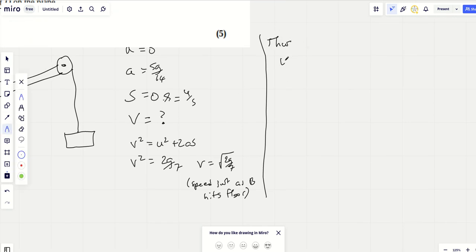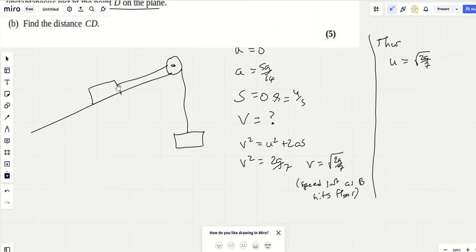Thus, you've got u equals root 2g over 7. We know the new speed of this one. I know v is going to be 0 when it reaches its peak height, but I really need the acceleration, or in other words the deceleration, when the string is slack.